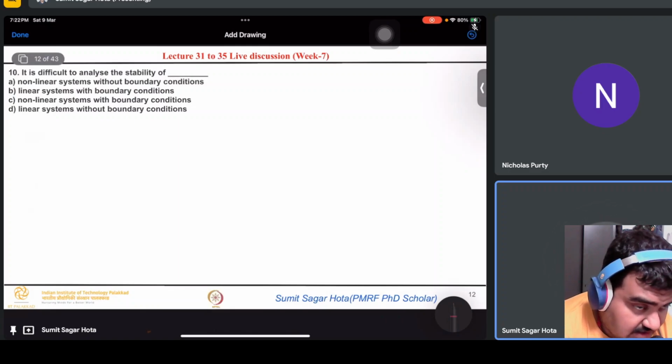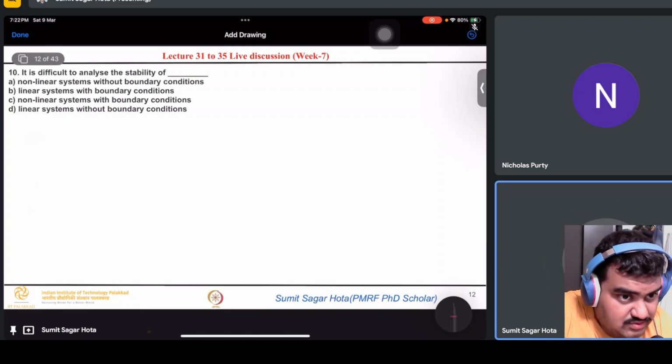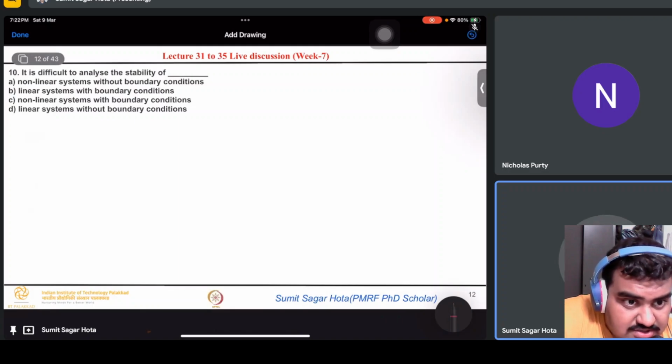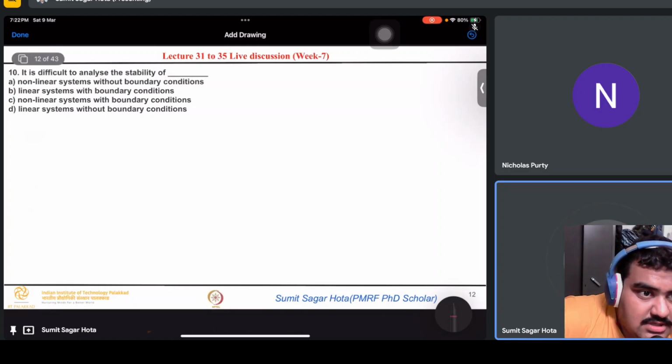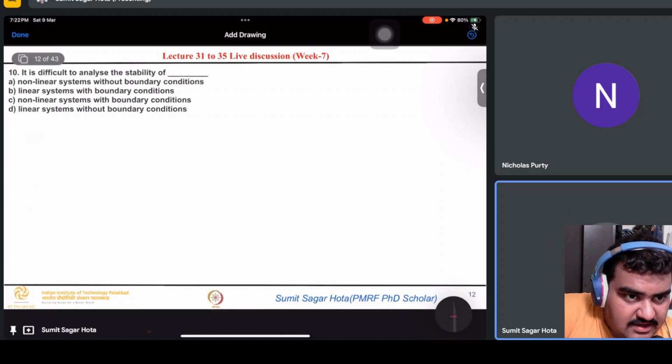There will obviously be a confusion, and most of the people will choose the A option. Non-linear system without boundary condition: if there is a boundary condition, it is easier, and without a boundary condition it will obviously be difficult to find out the stability.